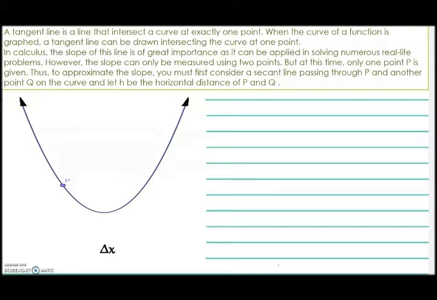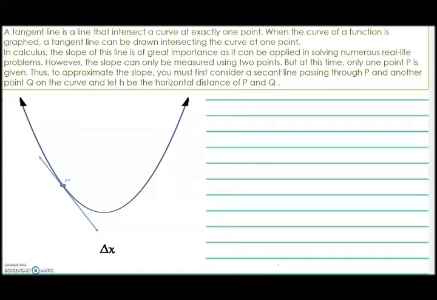So in this illustration, we see that we have point P on the graph, and we have the tangent intersecting the graph at point P. Now in calculus, the slope of this tangent line is of great importance as it can be applied in solving numerous real-life problems.